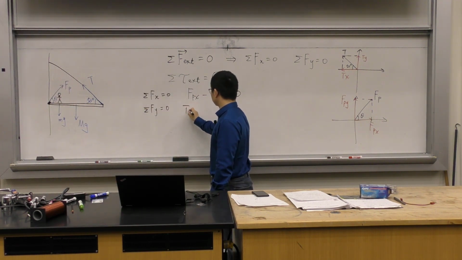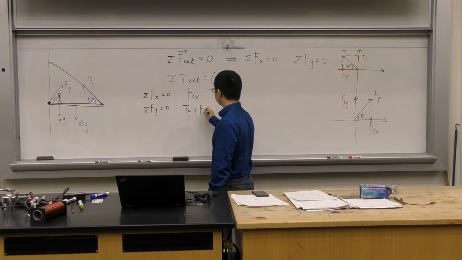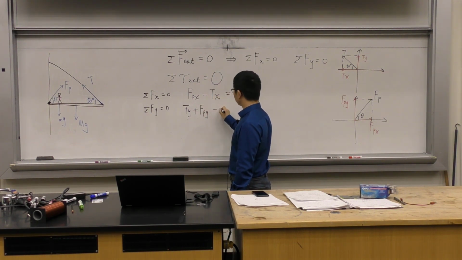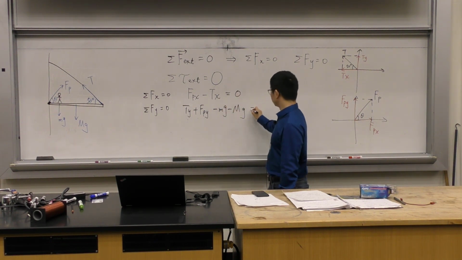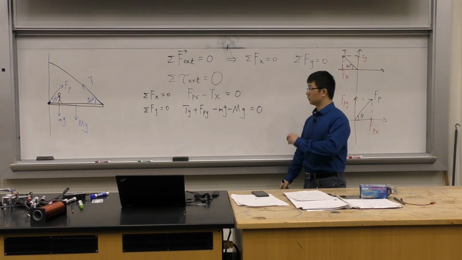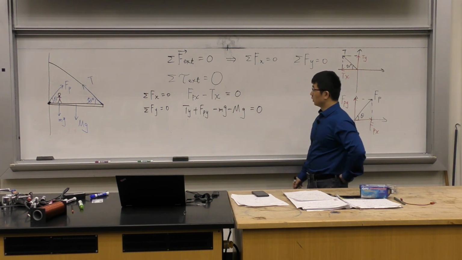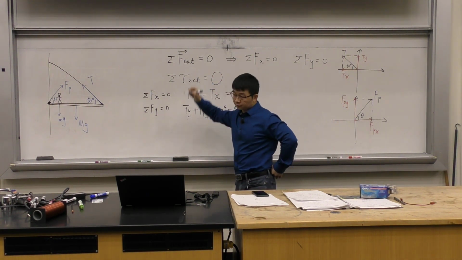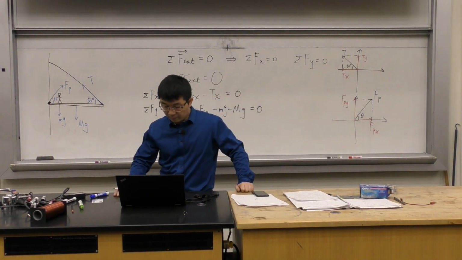So Ty positive, Fpy positive, and then minus mg minus big mg equals 0. Okay, so these are the 2 equations from the Newton's second law, the real Newton's second law.